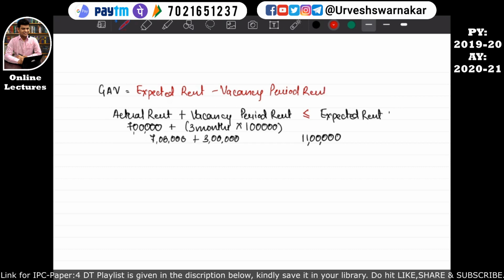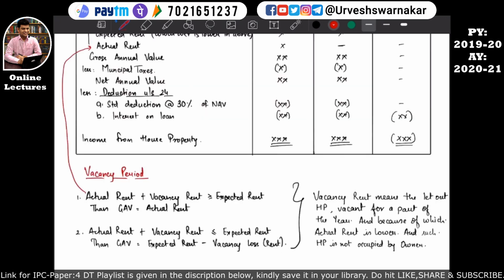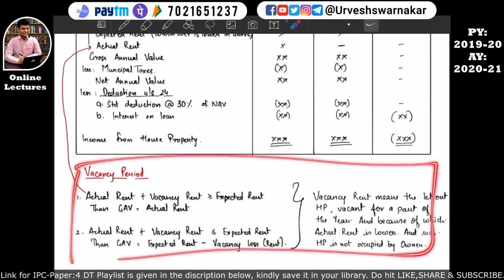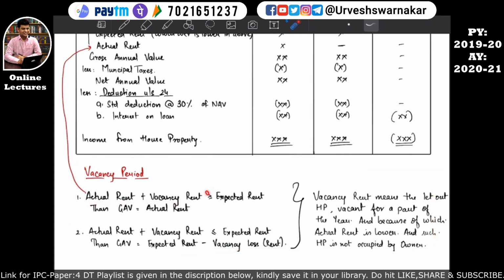So that is what we have studied in this vacancy period formula: if the actual rent plus vacancy rent is greater than or equal to expected rent, then GAV will be equal to the actual rent. But if it is less than or equal to expected rent, then GAV is equal to expected rent minus vacancy loss. Vacancy loss simply means vacancy rent only. I hope this is quite clear.